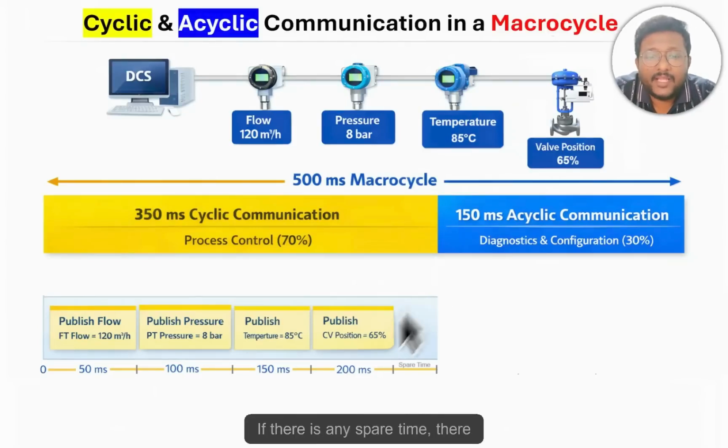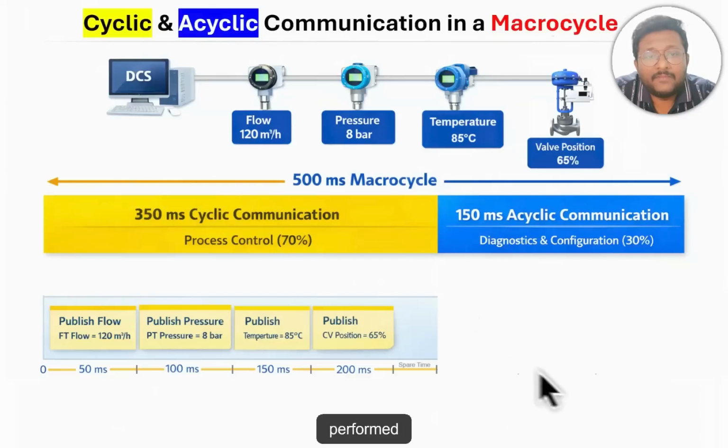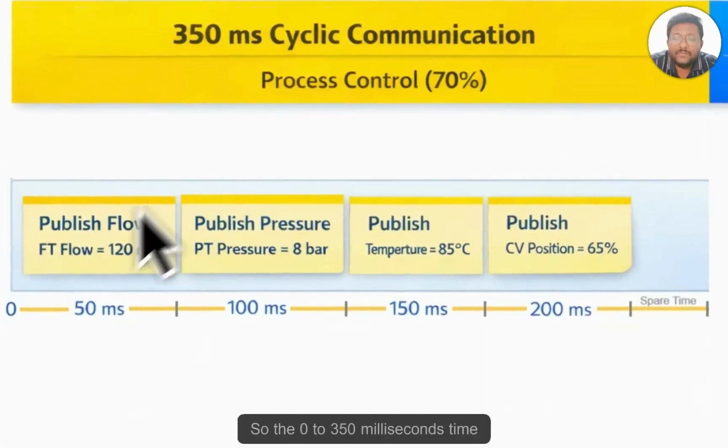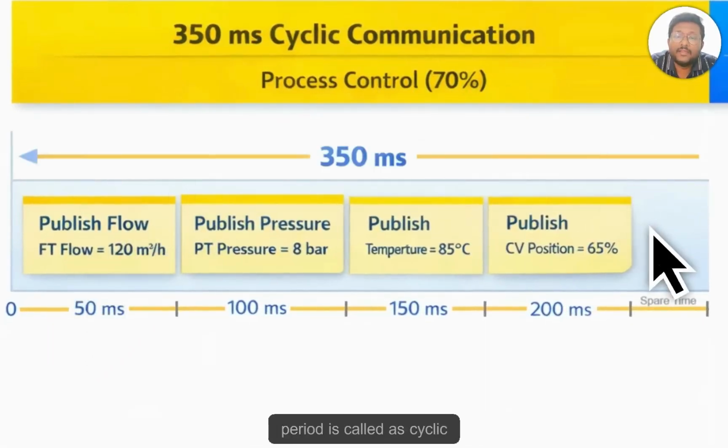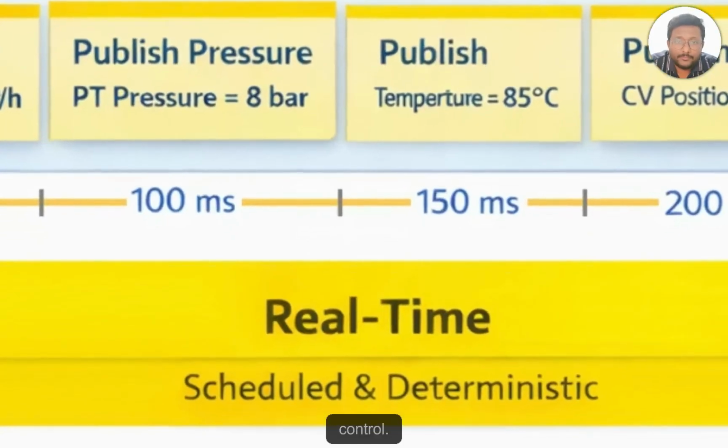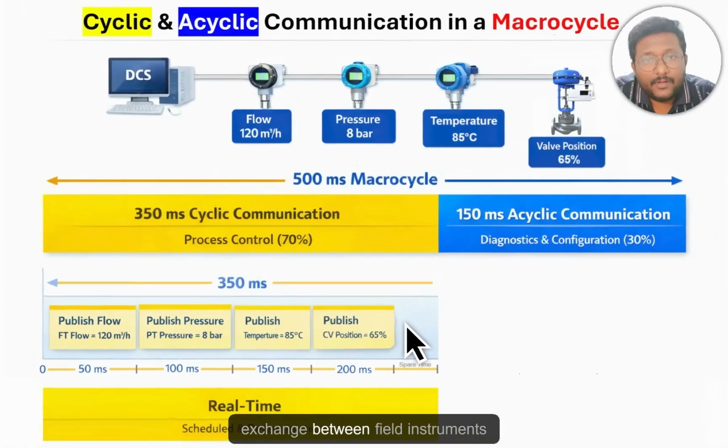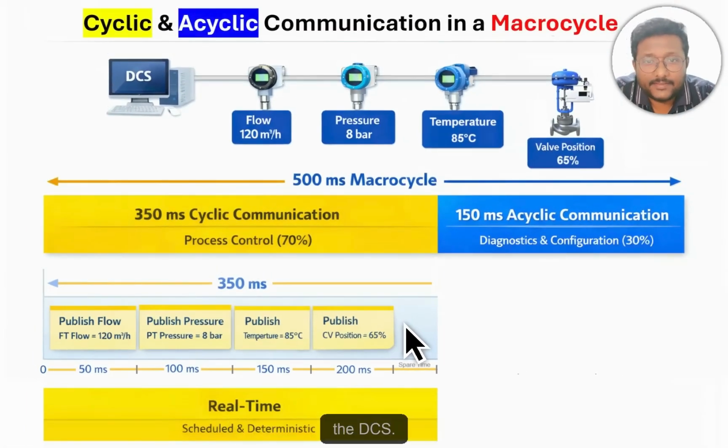If there is any spare time, no activity will be performed by the link active scheduler. So the 0 to 350 milliseconds time period is called cyclic communication and is used for process control, or it is a real-time data exchange between field instruments and the DCS.